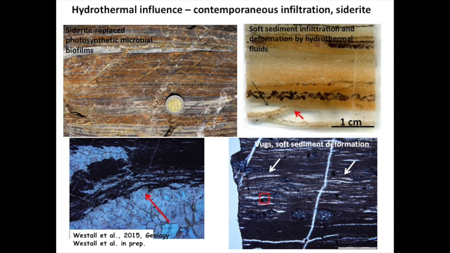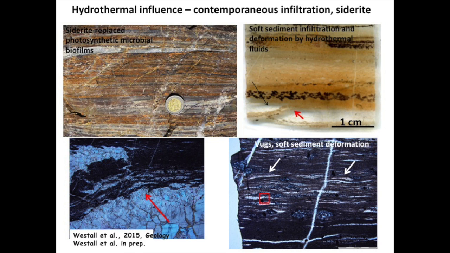This is our unit 2 of parallel laminated sediments that, as I mentioned, we think are just layers of phototrophic mats that have been infiltrated by hydrothermal fluids. This is a thin section of this particular rock. You can see the finely laminated texture to the rock, and here the laminae have been pulled apart.